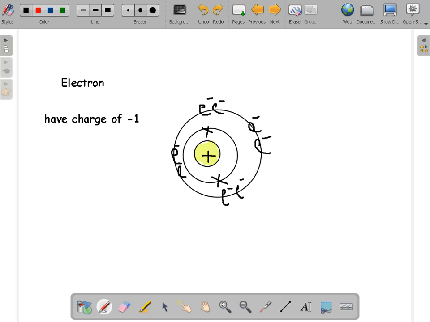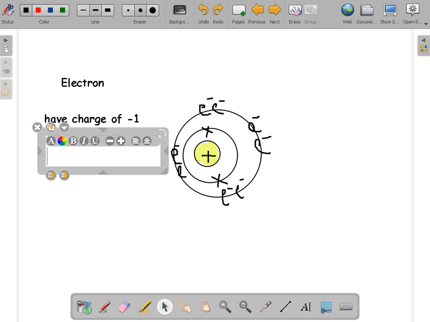Now when we talk about the mass of electrons, the mass is negligible. It's so tiny compared to the mass of our protons and neutrons, something like 1/2000.